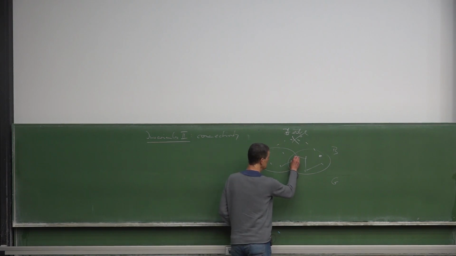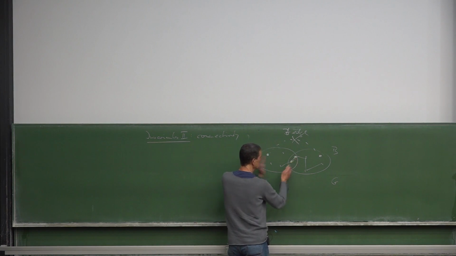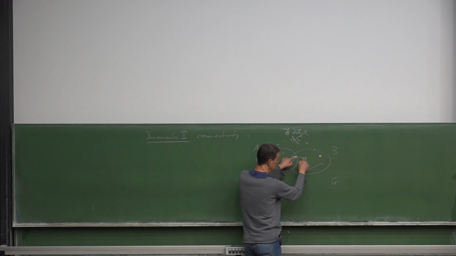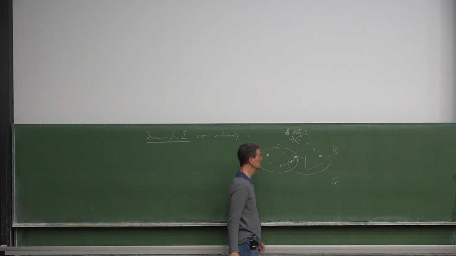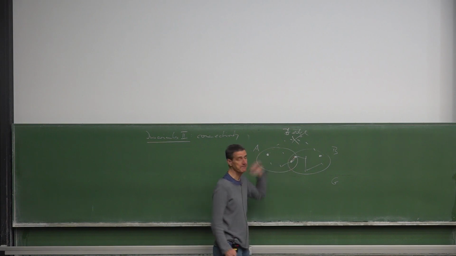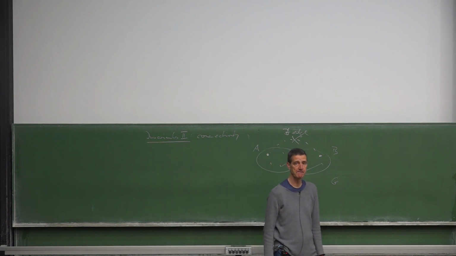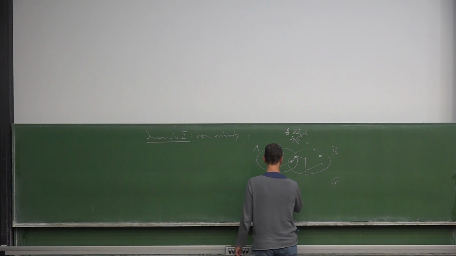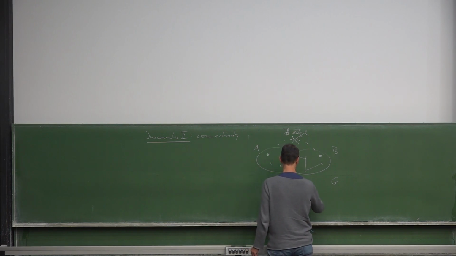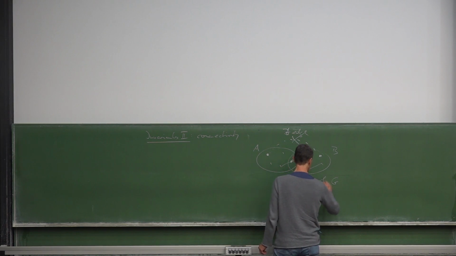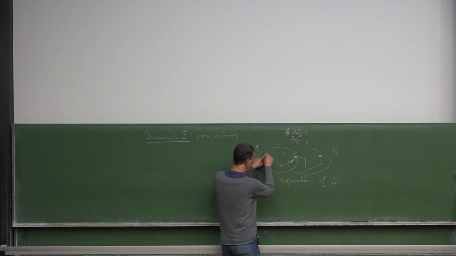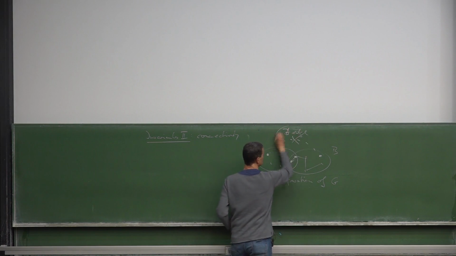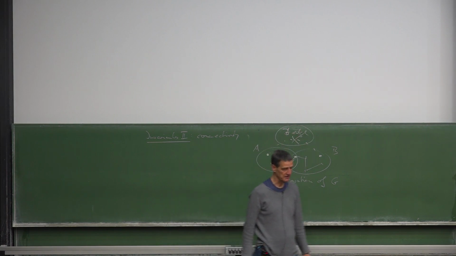So this edge here would be induced by A, and it will also be induced by B. This edge here is induced only by B. This edge also is induced only by B, although this vertex also lies in A. Okay? Questions? That's a separation of G. The main thing is there's no edge in G from A minus B to B minus A. That's the important thing here for the definition of a separation.